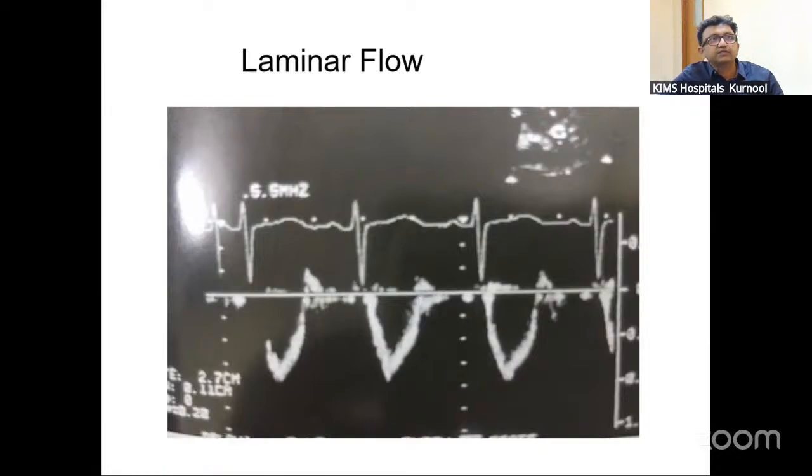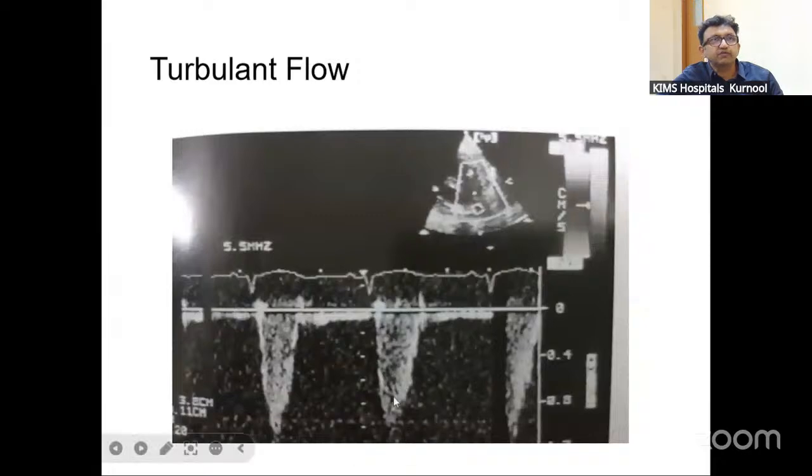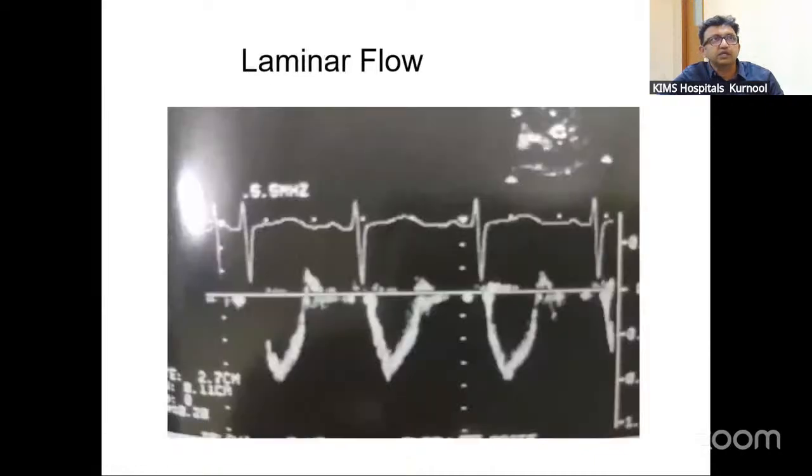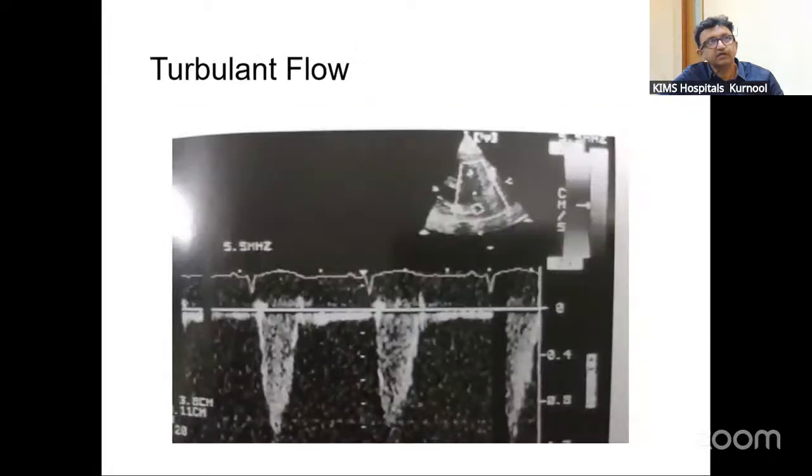When you take rapid turbulent flows, it appears like this, right? With a lot of plot in between. So this is all like a shaded area. This indicates that there is a lot of turbulence. This is a turbulent flow, and this is the laminar flow. This indicates high flow velocities or a narrow valve or defect.